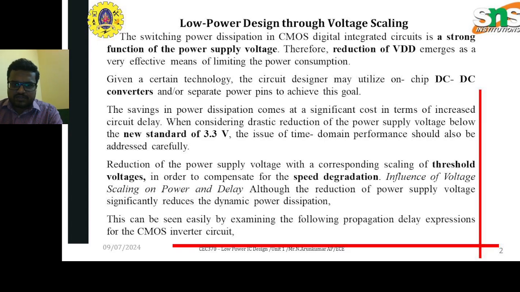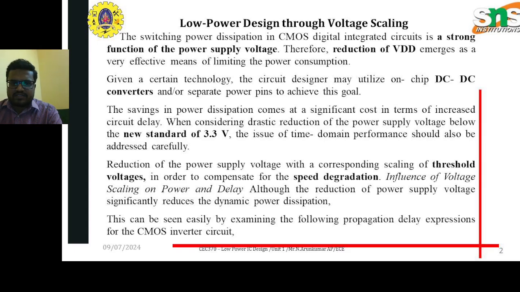And next one is the reduction of power supply voltage corresponding to the ICs, which is based on threshold voltage, because the threshold voltage is one factor which can eliminate the high level voltages of the corresponding ICs. And next one is the influence of the voltage scaling on power and delay. Reduction of power supply voltage significantly reduces the dynamic power dissipation.